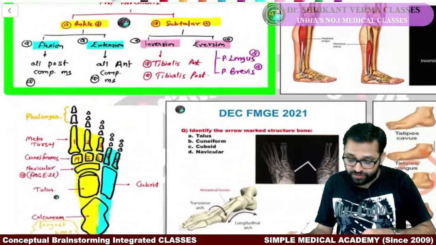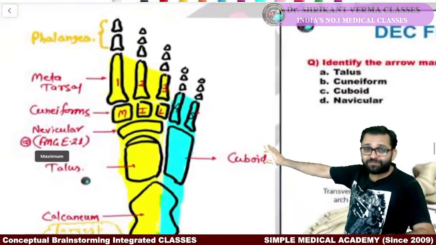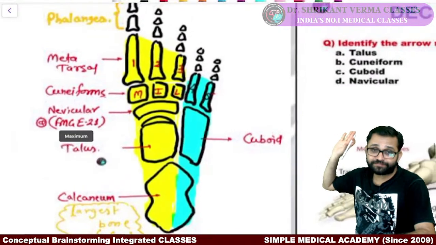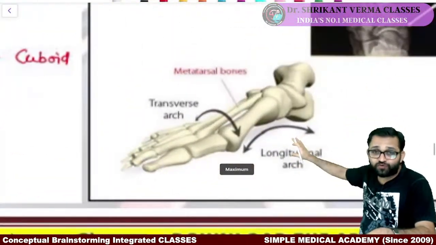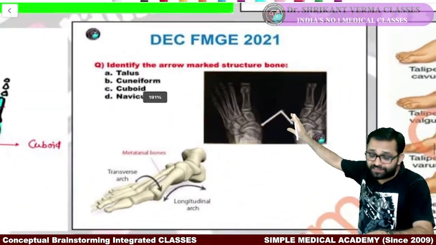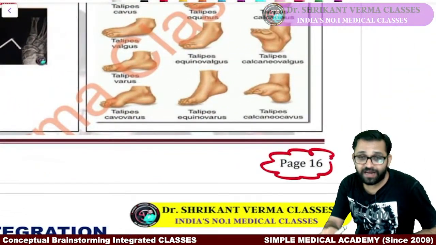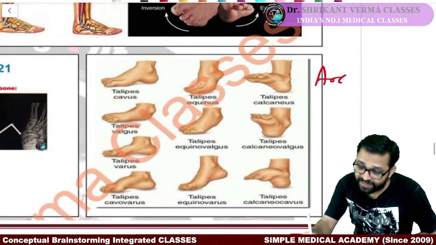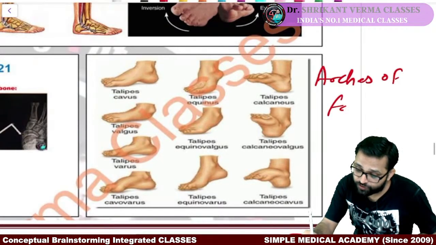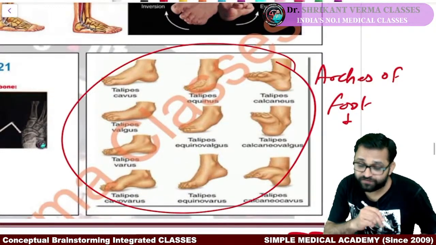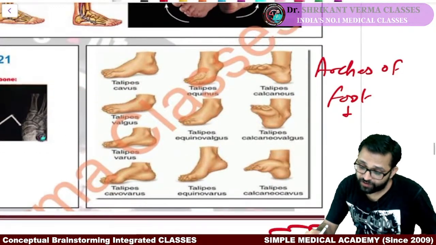Why am I telling you this? See here, I always teach in my class the identification of the bone with proper drawing, and we always see the arches of the foot. We discussed this topic at page number 16, and I always told you that the arches of the foot are important due to different kinds of congenital anomalies.